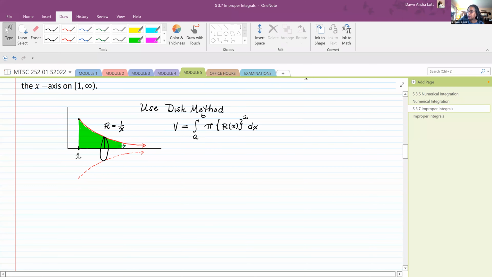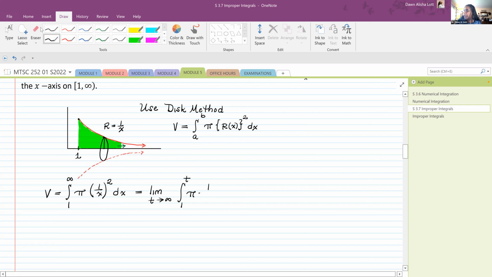So now the volume is the integral from 1 to infinity, because this thing doesn't stop, of pi times the radius 1 over x squared dx. So now that's going to be the limit as t approaches infinity of the integral from 1 to t of pi times 1 over x squared, which I can write as x to the negative 2, dx.